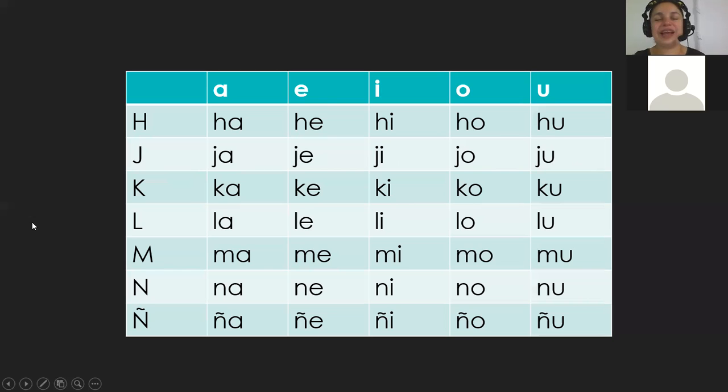Now, the next time when you see the H, you know that you have to be silent and just pronounce the vowels as they are without company. Just A, E, I, O, U. And the next time when you see the J, you will not pronounce J. You will pronounce Ha, He, Hi, Ho, Hu.